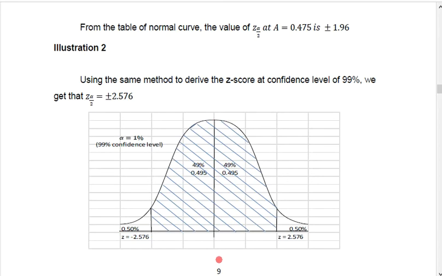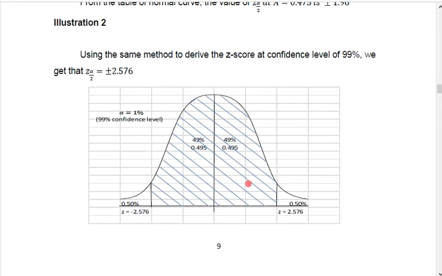Okay? So, 0.5 minus 0.05, that would be 0.495. Okay? So, 0.495, hanapin mo yan sa z-table. So, makukuha mo yung z-score. So, the z-score would be 2.576.